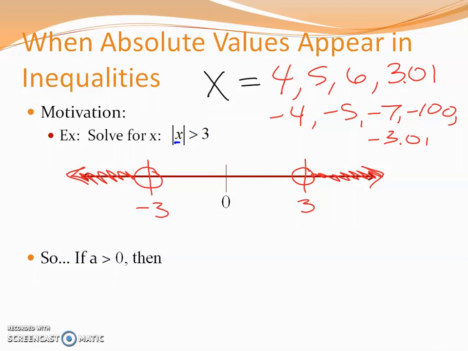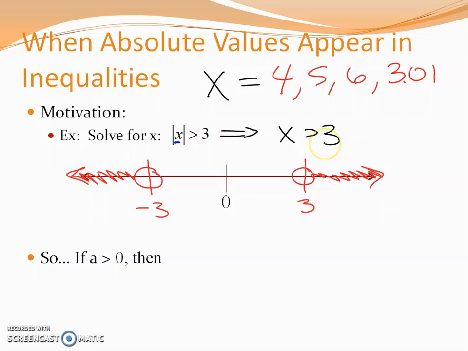So when I am looking at the absolute value of x greater than 3, the statement that I end up coming up with after that is that x is greater than 3 or x is less than negative 3. So we end up with an unbounded statement for our greater than. Okay? Which kind of makes sense if you think about it.